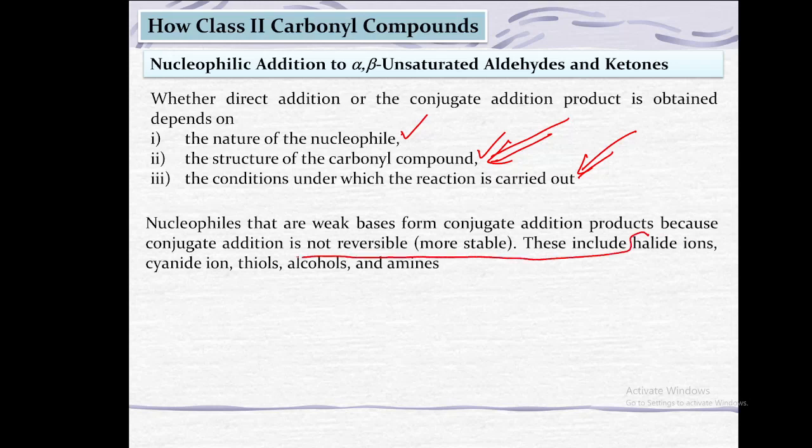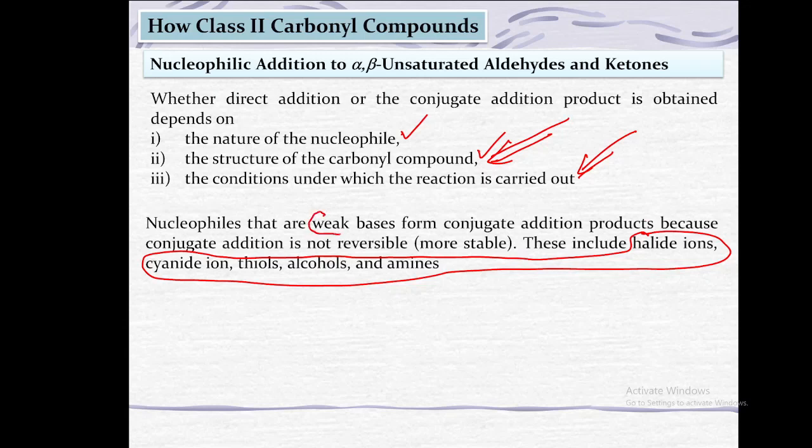Some that are considered weak are listed here: the halides, the cyanides, the thiols, the alcohols, and the amines. And generally, you'll find that these are nucleophiles that involve heteroatoms. Those are generally weak nucleophiles that are weak bases.